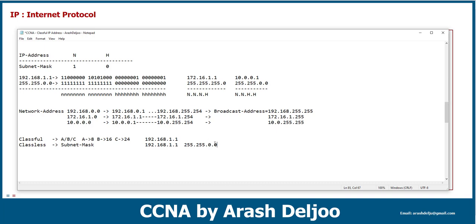But here, as you can see, the subnet mask can tell us that we have 16 bits of network and 16 bits of host, you know it. Because of that, in classless networks it is mandatory, we should configure the subnet mask.